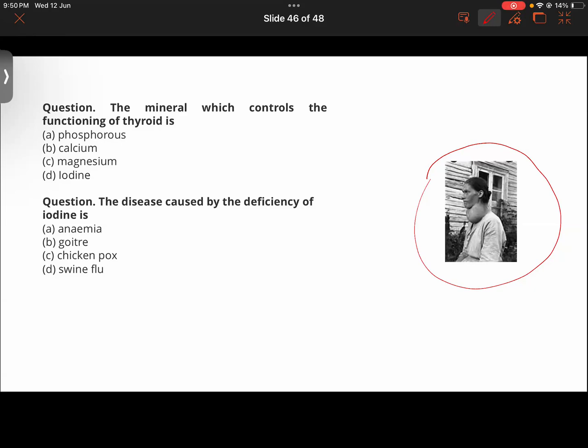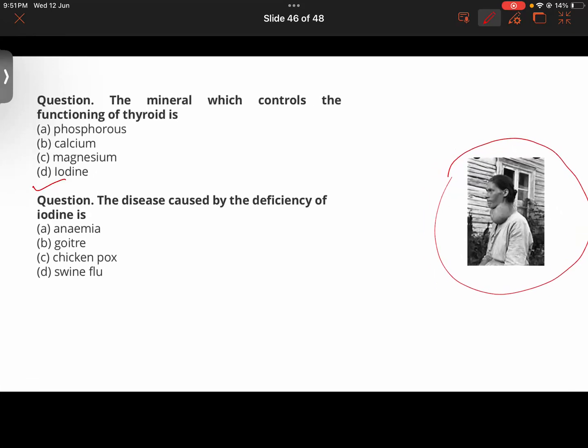See in this image over here, you can see the thyroid gland of this woman has swollen. And why has it swollen? Because of the thyroid gland. It's the same thing, nothing different from that. So that is iodine. Okay, then answer the next question.